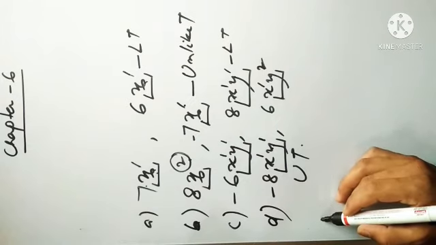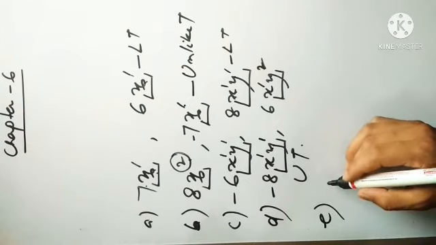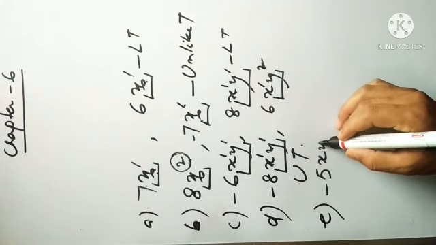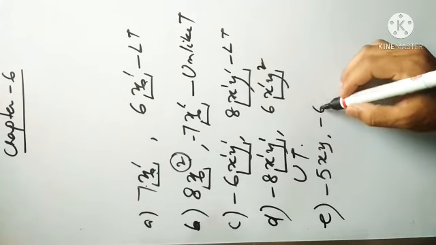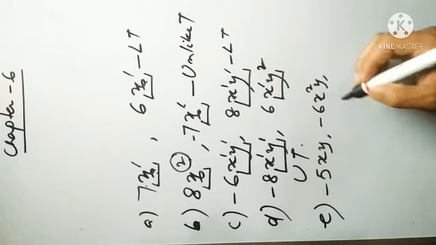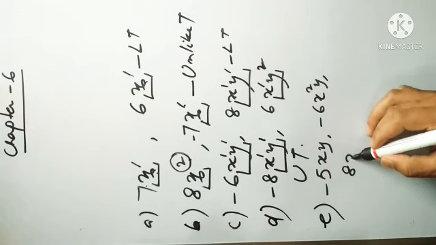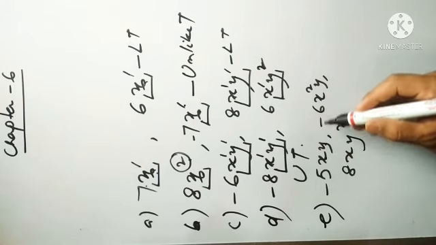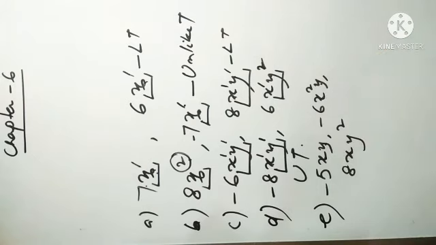I'll give you the last example: minus 5xy, minus 6x square y, then 8xy square. I have given 3 terms, and we are going to check whether these 3 terms are like or unlike. I find xy in each, but we have to check their powers.